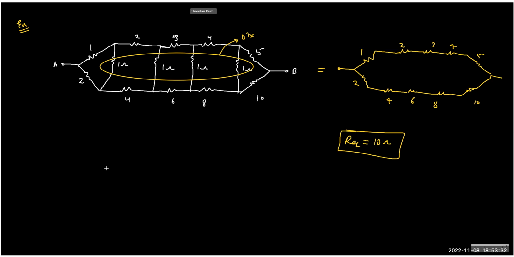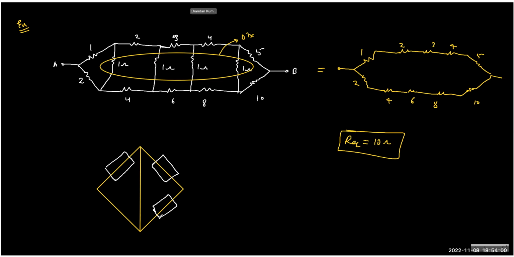Sometimes you will get even more complex, where you will get branch on branch. So let's say if I create something like this, at first go it will not look like a balanced Wheatstone bridge, but it will be. And then you have some branch here, and within this branch we have some complex circuit. So this is called the black box model.